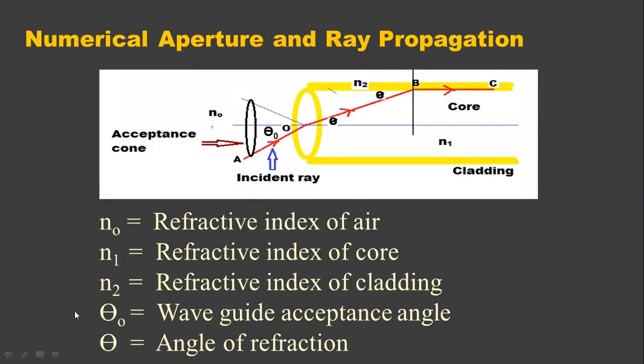This is the cone angle theta naught, and all the rays inside this cone will propagate through the optical fiber with minimum loss. Because of that reason, this cone is called the acceptance cone, and this angle is called the acceptance angle.